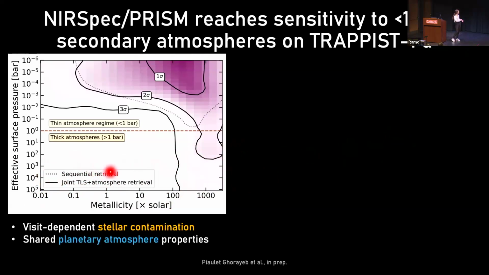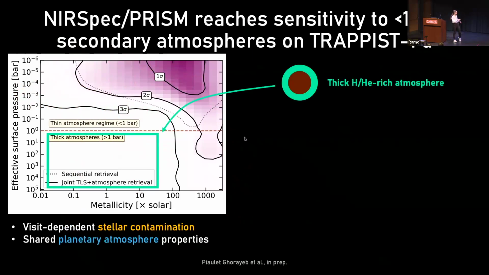That would be this axis, as a function of how thick the atmosphere that we probe is. And the fact that this part is colored here means that we get a pretty flat spectrum once we correct for stellar contamination. And so that tells us, not a surprise, that we can rule out these thick hydrogen-helium atmospheres.